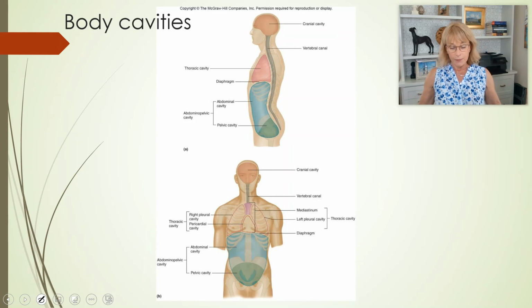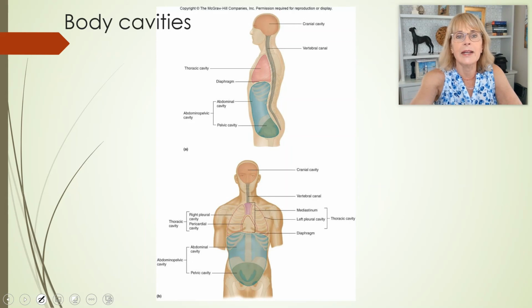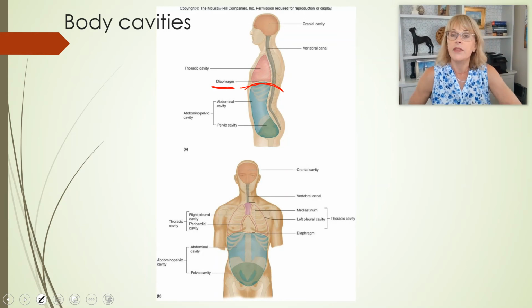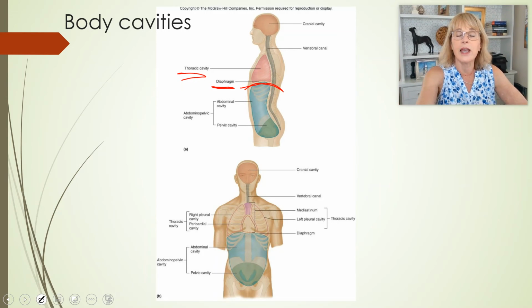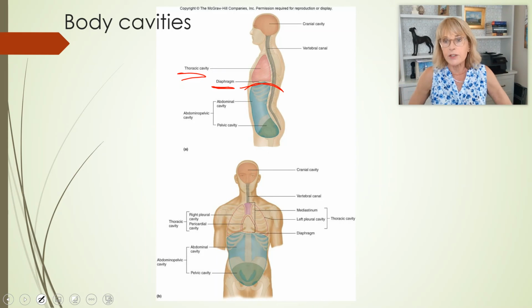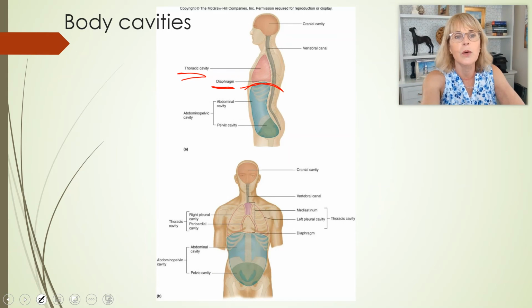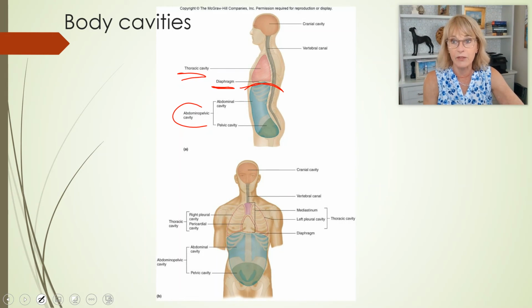So if you open us up, we're not just one big splashing around place. We're organized into smaller areas. The first way we're divided is there is a band of muscle called the diaphragm that divides our chest cavity, which is known as the thoracic cavity, from the rest of the inside of your torso, which is called the abdominopelvic cavity.